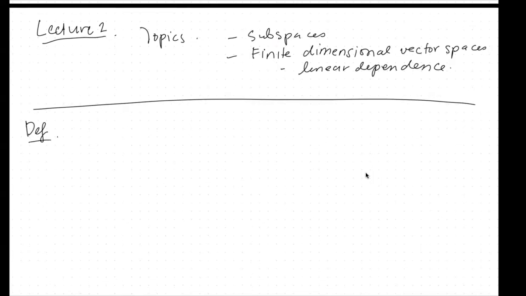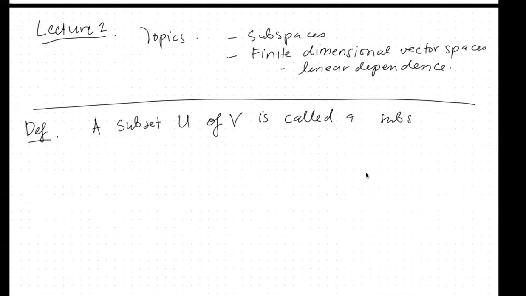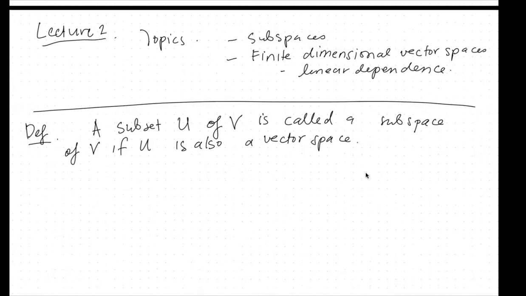So definition, we have a subset U of our V. Recall that V is our vector space over a field F. This is called a subspace or linear subspace of V if our subset U is also a vector space with respect to the inherited operations.